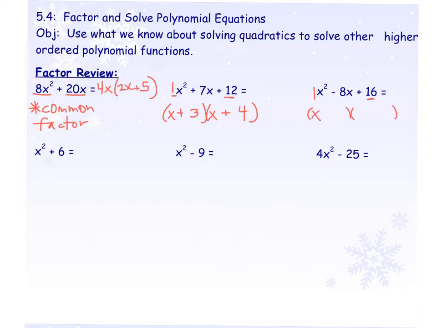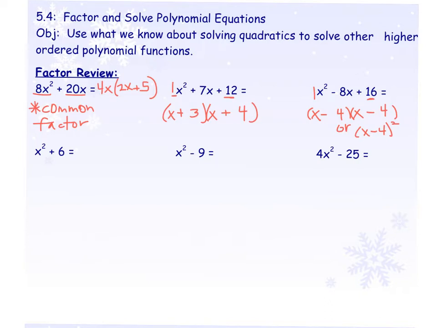The x squared separates into x times x, and we'll use 4 and 4. This time now we want positive 16 when we multiply, but negative 8 when we add. That means both of the parentheses will have x minus 4 in them. And you can also write this as x minus 4 squared. Either form would be the factored version for x squared minus 8x plus 16.